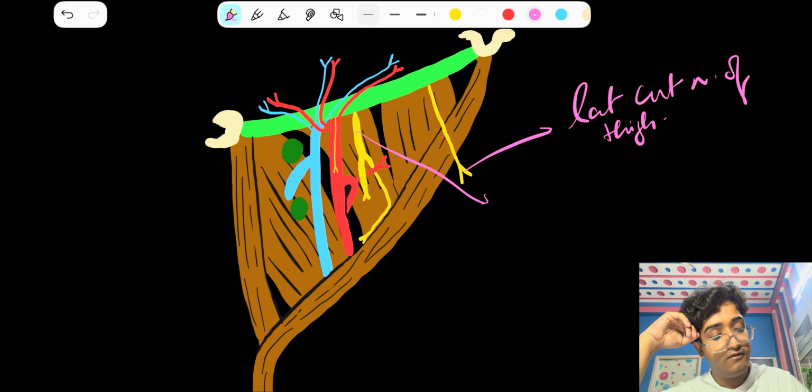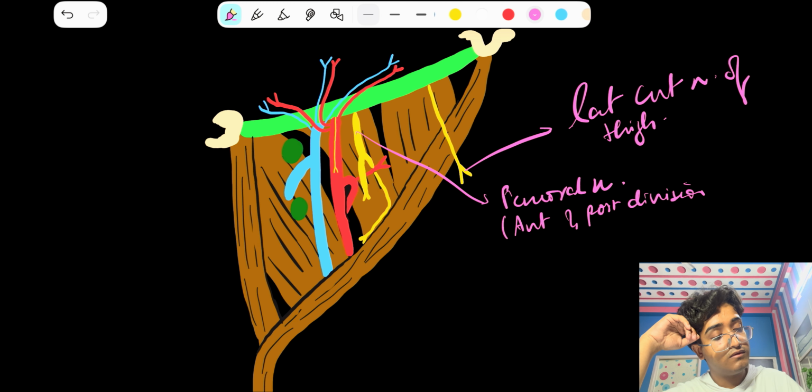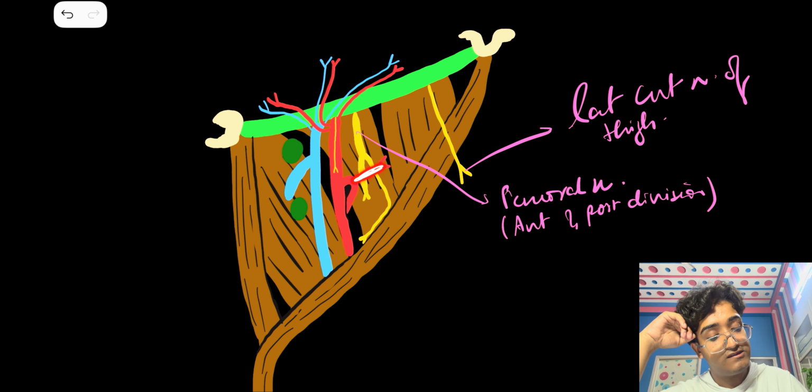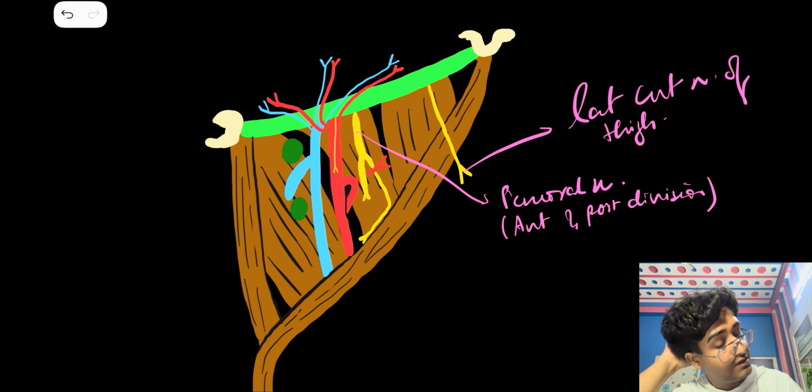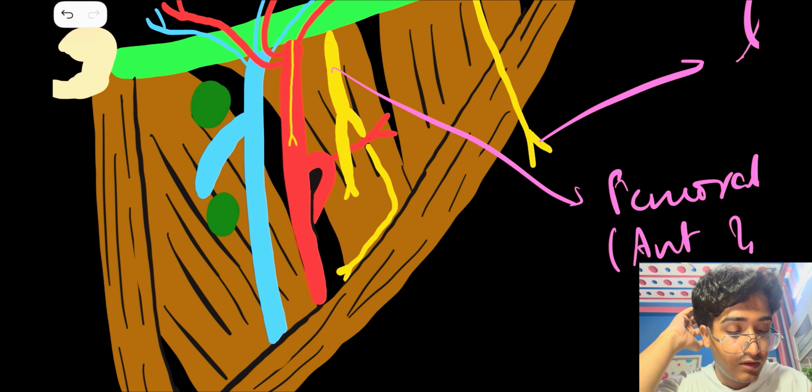Then we have the femoral nerve, which divides into 2 divisions, anterior and posterior divisions. What is the basis of division? This artery, a branch of the profunda femoris artery.